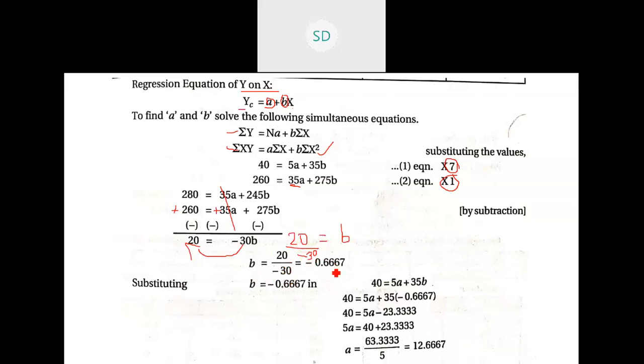So what is the total value of b? The value of b is minus 0.6667. Okay, so this is the first major step in solving simultaneous equations.